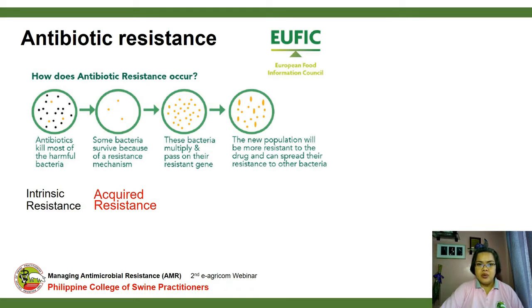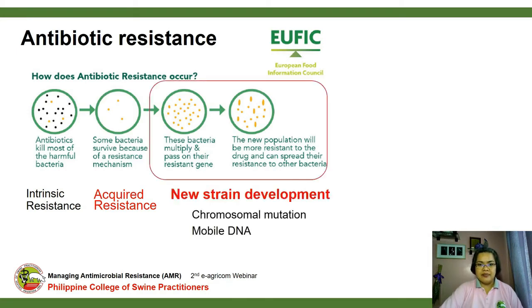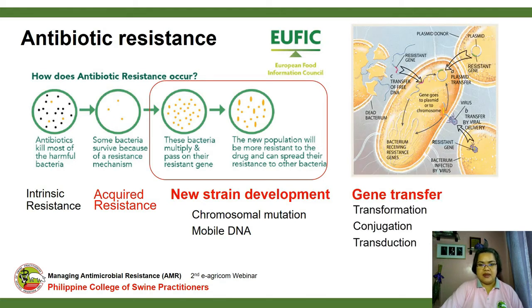And we now know how resistance can be passed on from bacteria to bacteria by genetic material, and this is where the current research is focused, on new strain development at the genetic level. And there are many possibilities on how genes are transferred. They can be transferred by transformation, conjugation, or transduction.